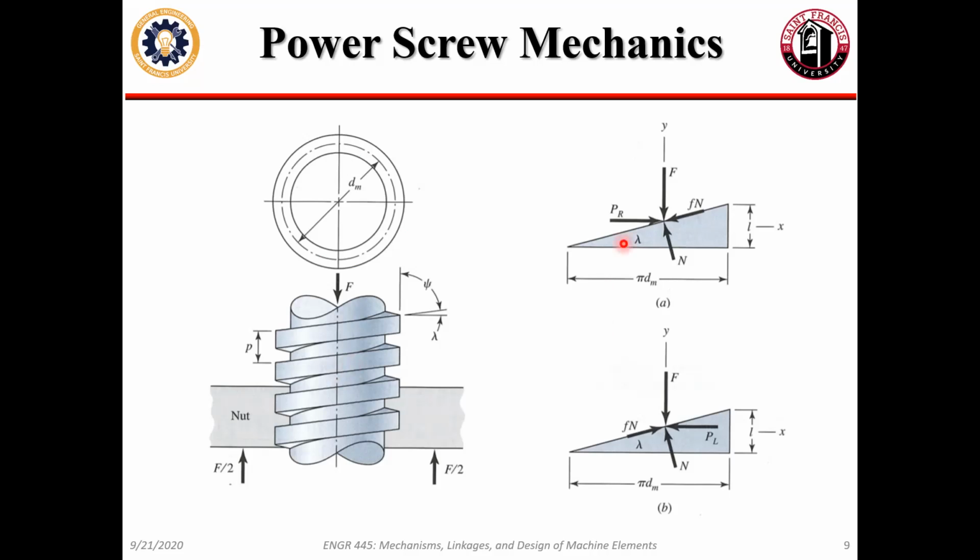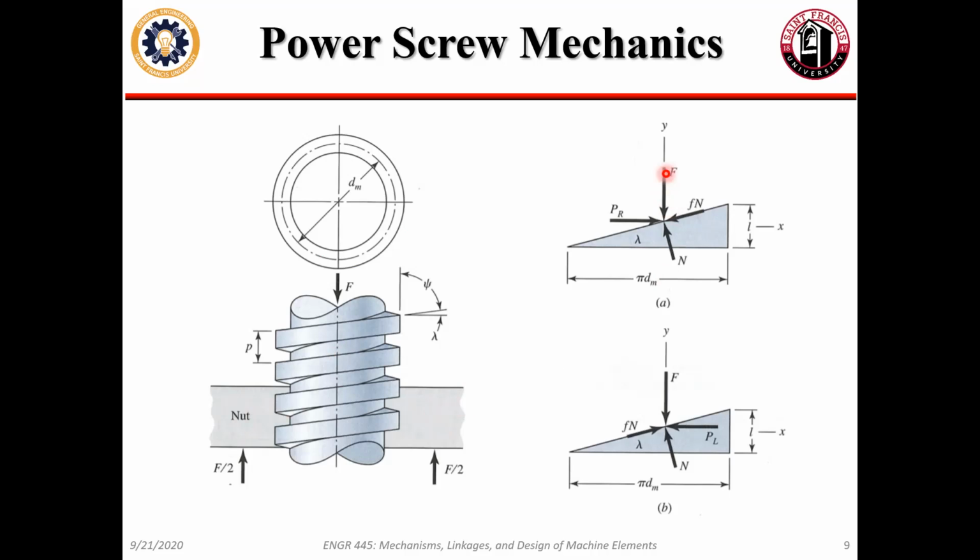All right. So if I do a free body diagram with that, I have whatever the axial load is pushing into my face. Say that I have a load and I'm trying to raise it. Let's start with that. So I have some load on this nut. I'm trying to raise that load. So naturally there's going to be some force pulling down on my screw, right?